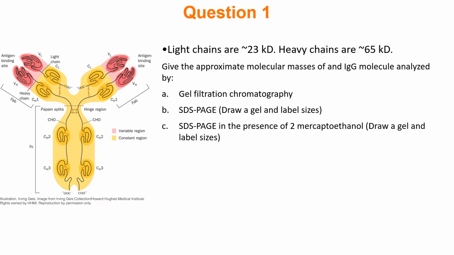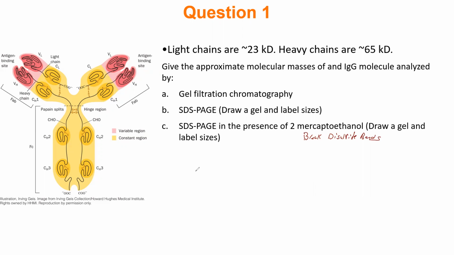If I do SDS-PAGE, what would my gel look like with size? And if I use SDS-PAGE with 2-mercaptoethanol, remember 2-mercaptoethanol or beta-mercaptoethanol breaks disulfide bonds, what would the gel look like there, and what sizes would you expect?